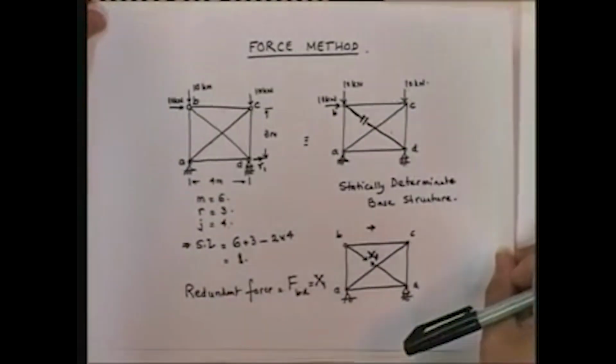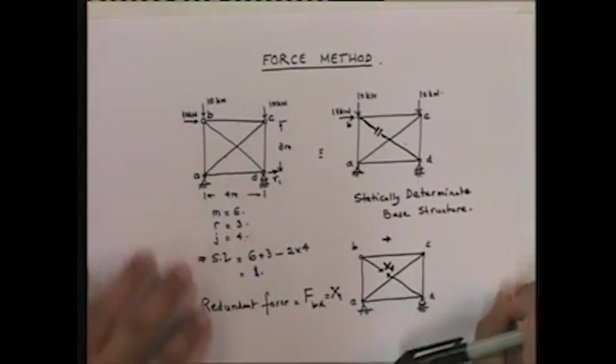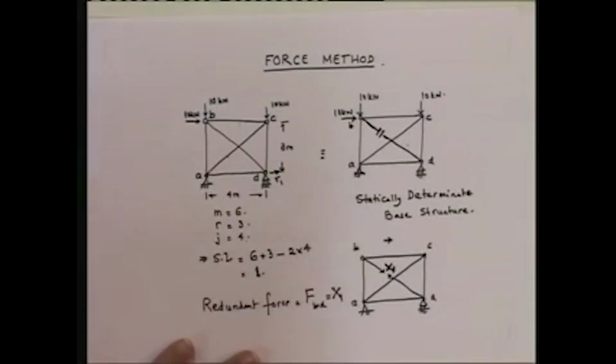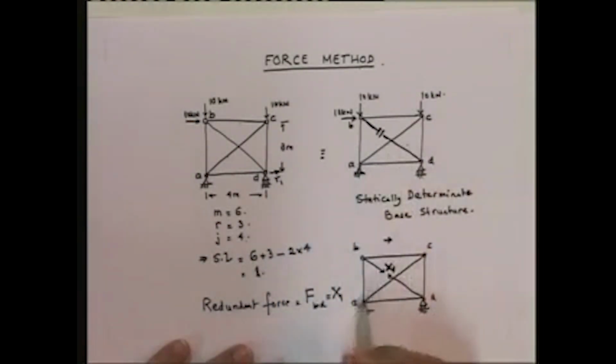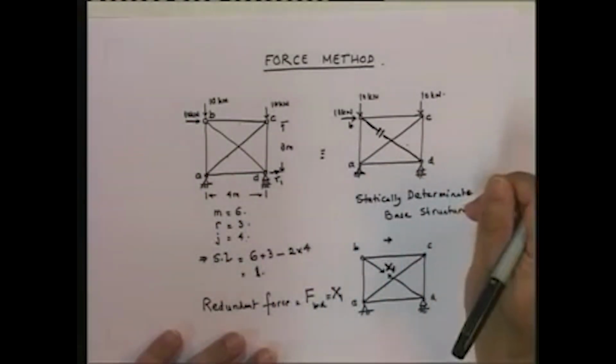What we've done is say that this is equal to this plus this. The only problem is that everything is fine except that we don't know the value of x1. We need to find the value of x1, and to do that we need an equation. How do we establish that equation?